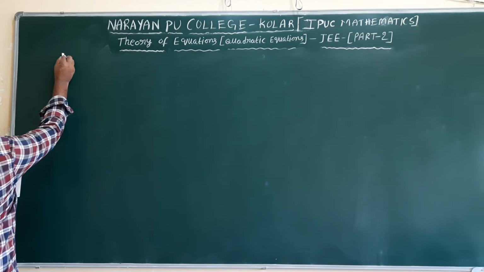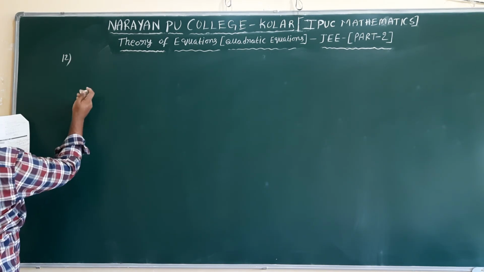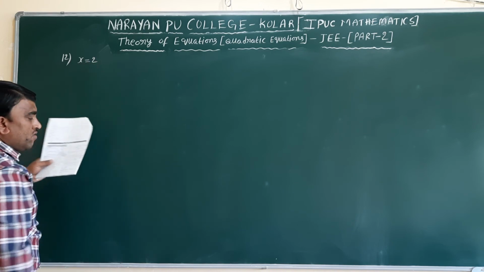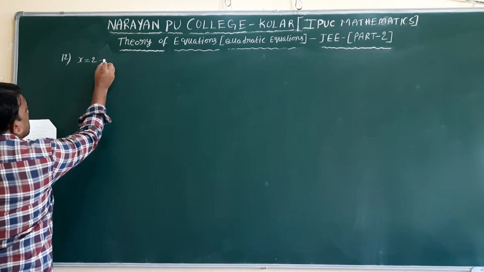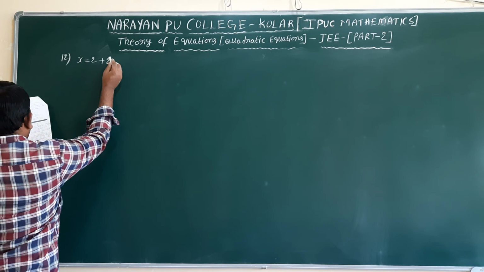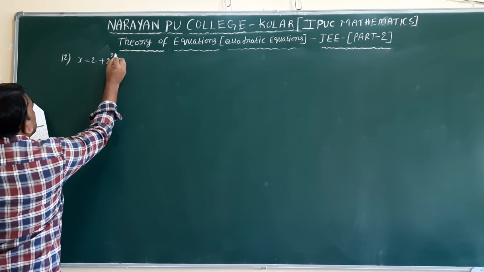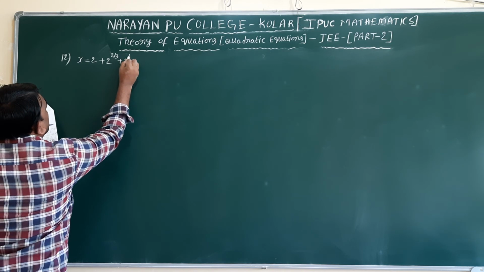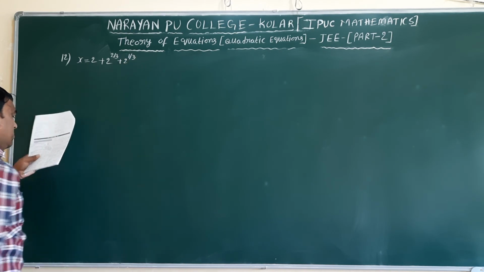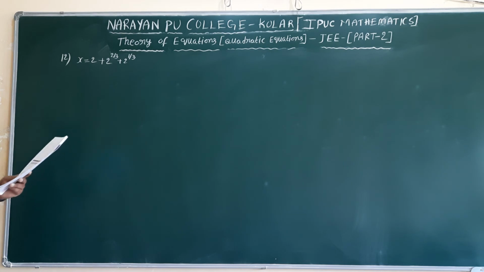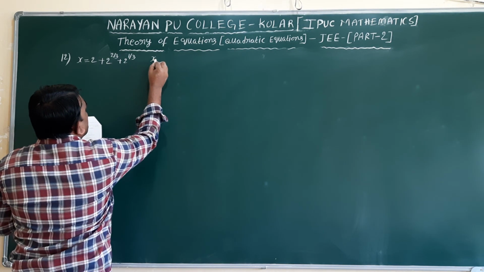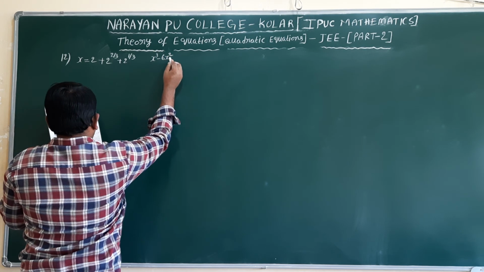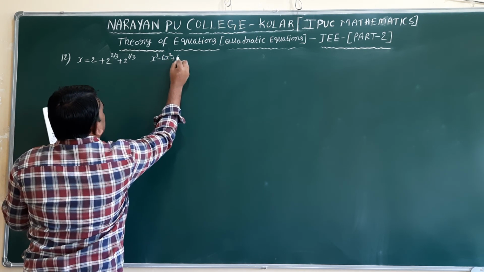Next, question number 12. If x equals 2 plus 2 power 2 by 3 plus 2 power 1 by 3, then what is the value of x cube minus 6x square plus 6x?